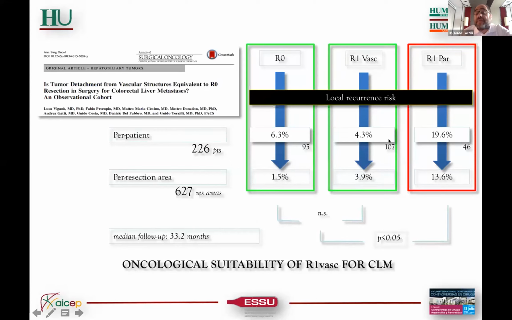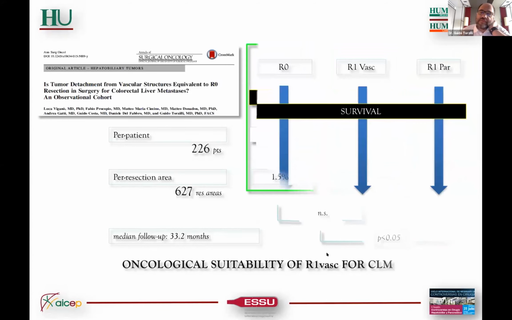As in every paper, the risk of recurrence is very high. It's 20% per patient and 14% per resection area, compared with 1.5% and 6.3% for R0 and 4.3% and 3.9% for R1 vascular. But R1 vascular is confirmed to be something different.